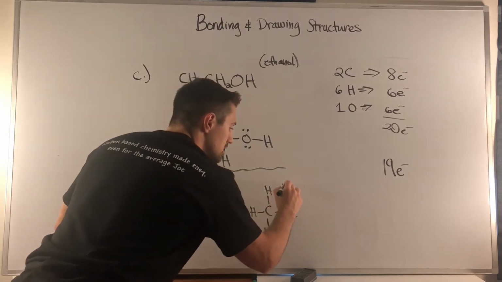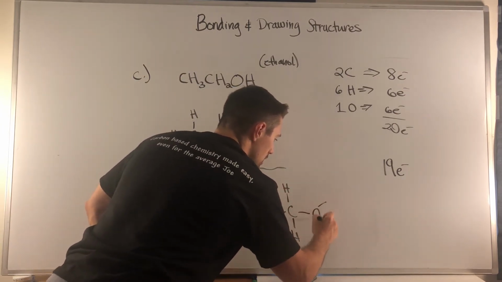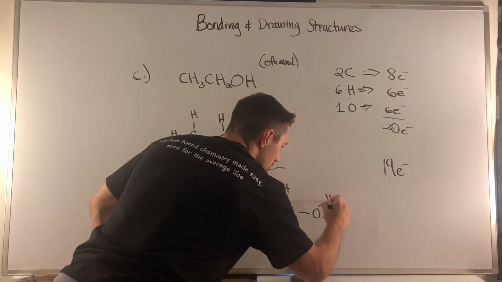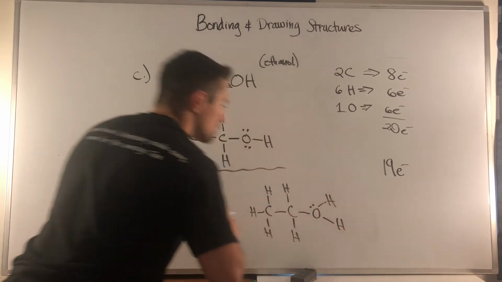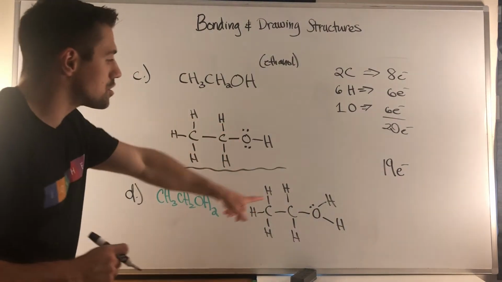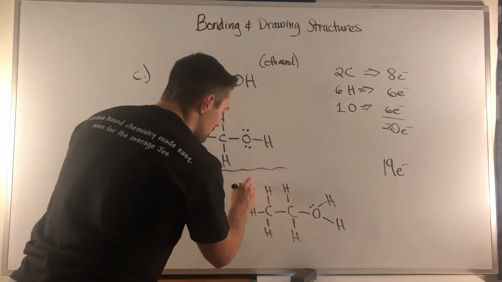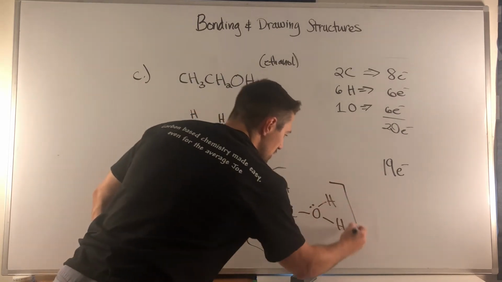CH3, CH2. Now we have O, 2 H's. And in fact, one of these lone pairs is just a bond to hydrogen. So you can see we can bracket this. We can signify it as a plus charge.